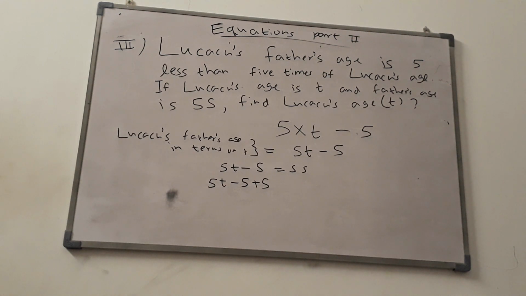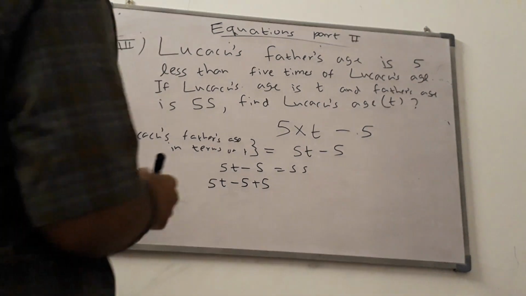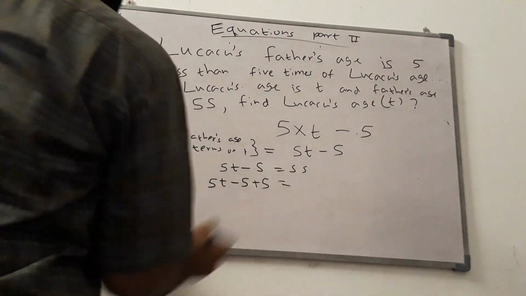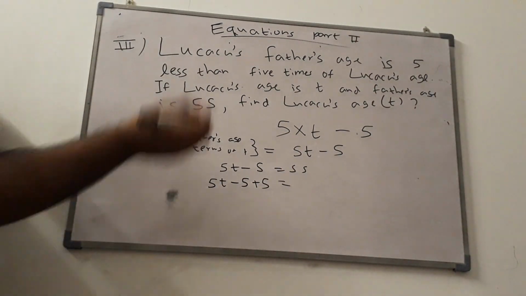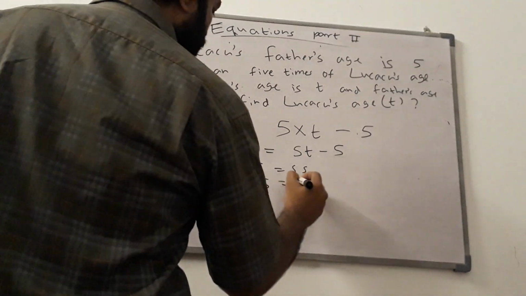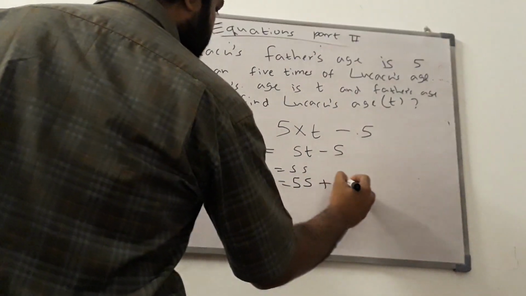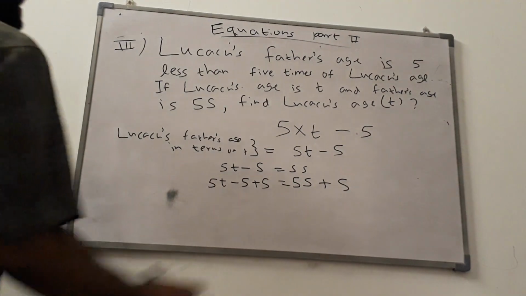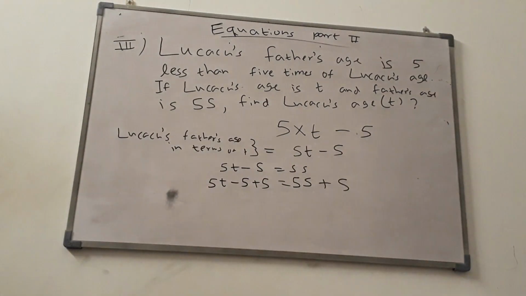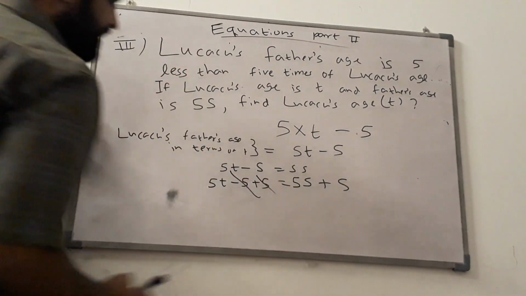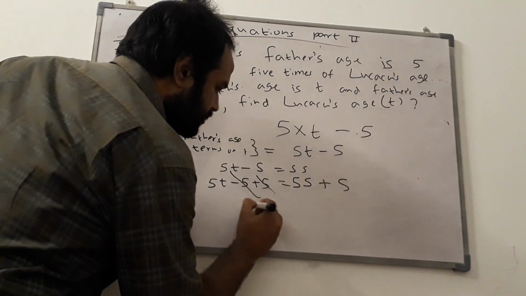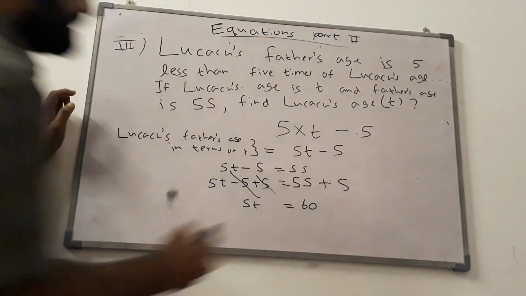If you want to remove minus 10, we have to add 10. If we want to remove minus 20, we have to add 20. We have to do the same thing to the right hand side as well. So 5 and 5 cancel. So 5T is equal to 60.